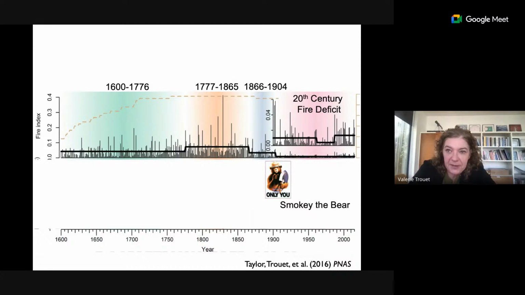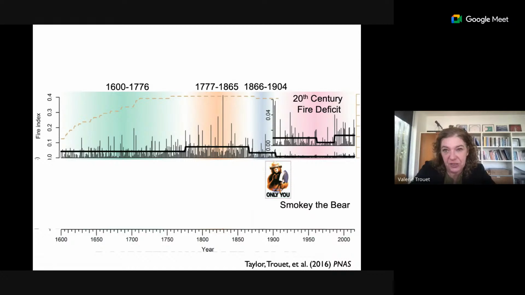At this point in the early 1900s, they didn't know what we know now, that actually these ground fires that clear out the forest every 10 years are a natural part of forest ecosystems. And so they didn't know that. They started putting out all the fires, hence the Smokey the Bear effect, and they were quite efficient at it.